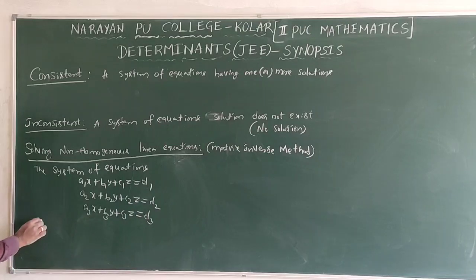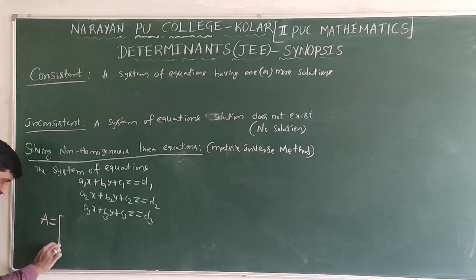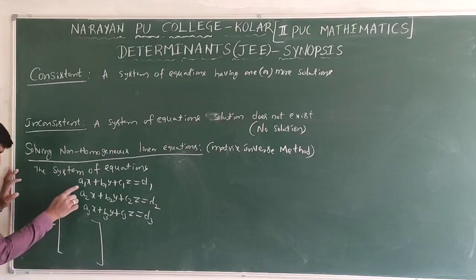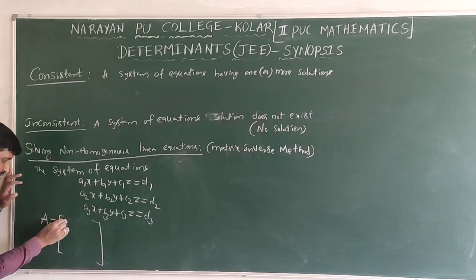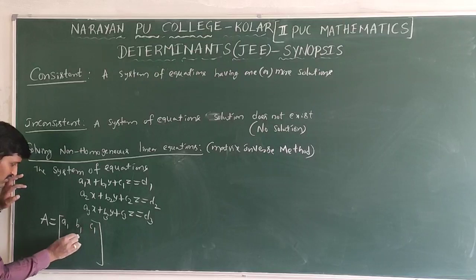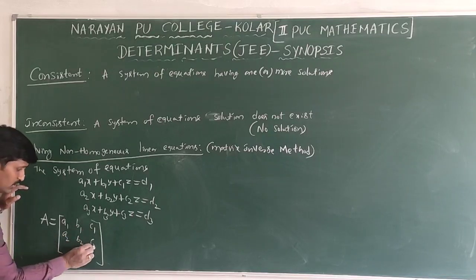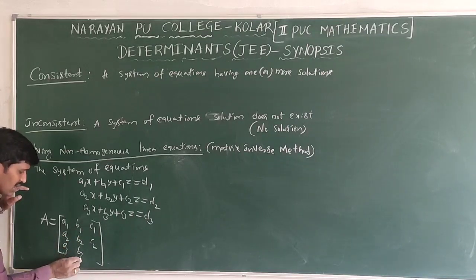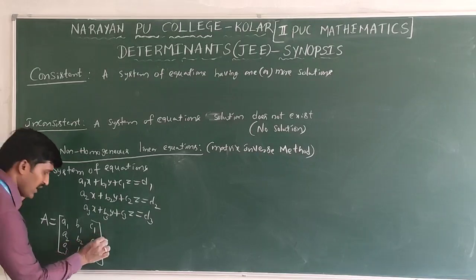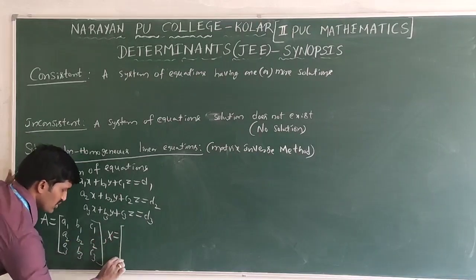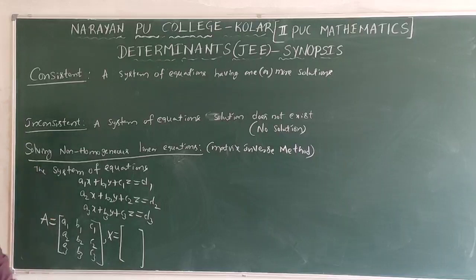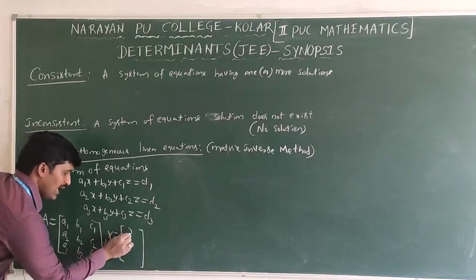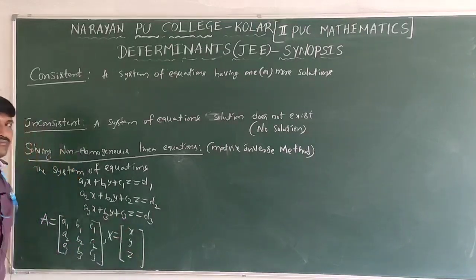In this we will write 3 matrices. One is the coefficient matrix, called A matrix, with the coefficients of each equation: a1, b1, c1, a2, b2, c2, a3, b3, c3. Next we write the solution matrix or variable matrix X: x, y, z.